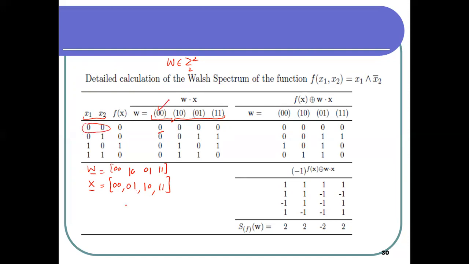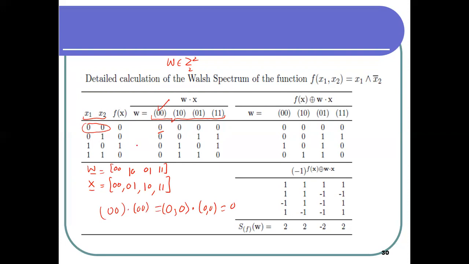I take 0, 0, the dot product with 0, 0, so 0 times 0 and the corresponding 0 times 0 gives 0.